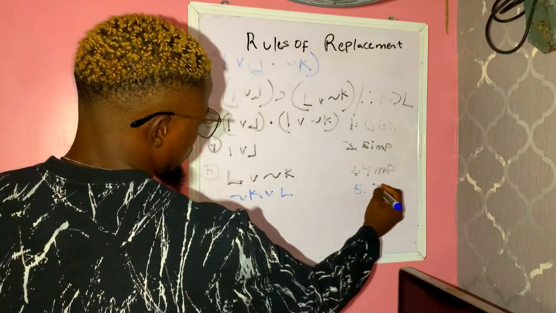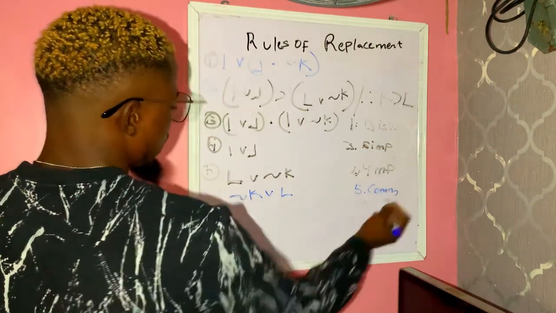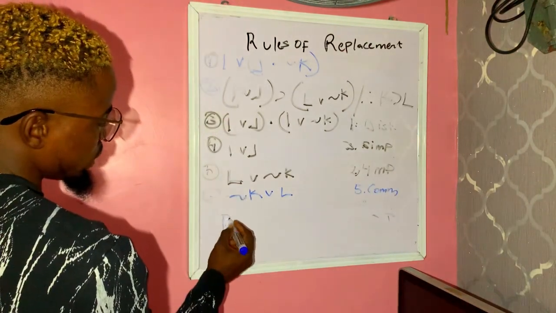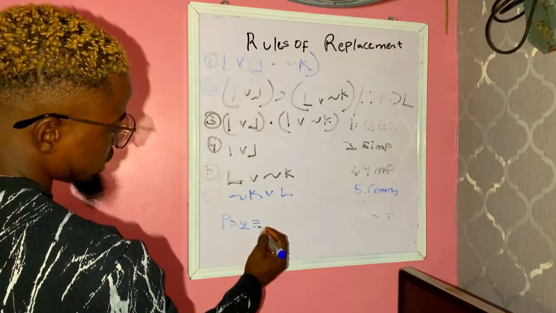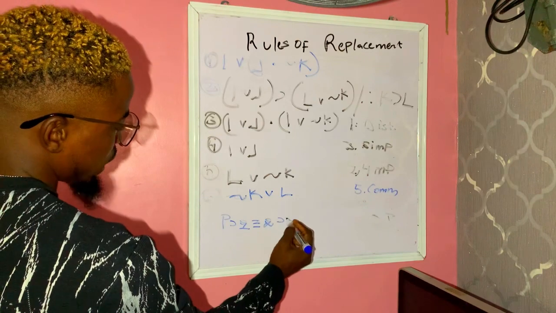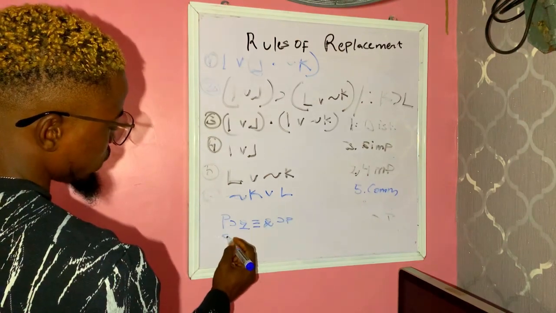5 commutation. Don't forget that the rule of commutation says if you have P and Q, you can replace it with Q and P, if and only if.